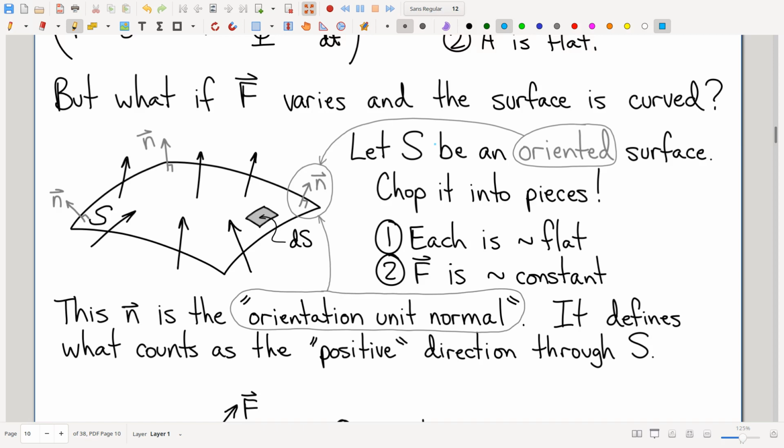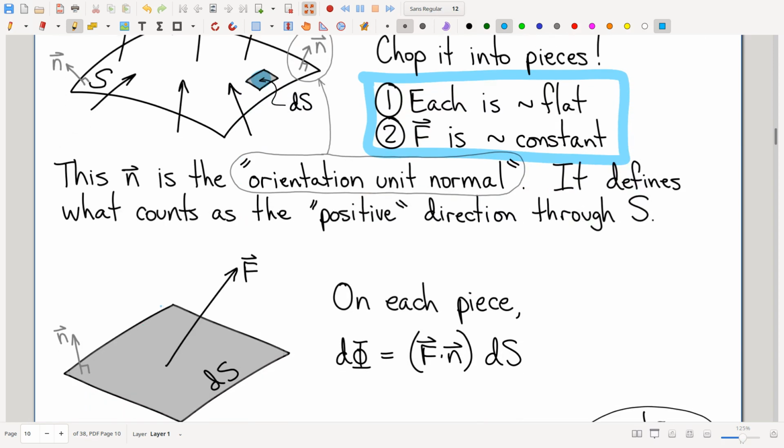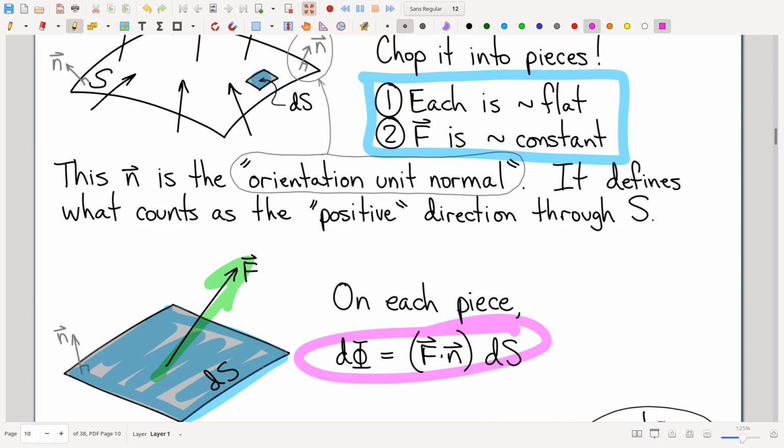But lots of things are, and so we're going to break up the problem into little pieces. On each little piece, we have an easy calculation. It's flat, and the vector field is approximately constant, and so on that little piece, nothing to it. On that little piece, F dot n times area, the area, of course, being dS. So nothing to it on the individual pieces.